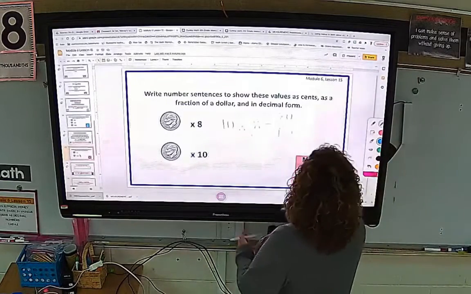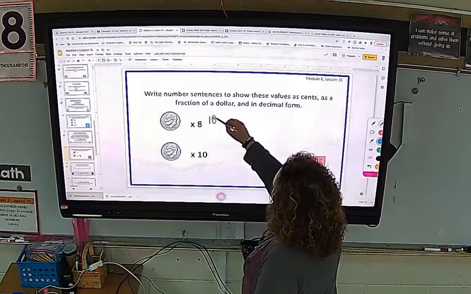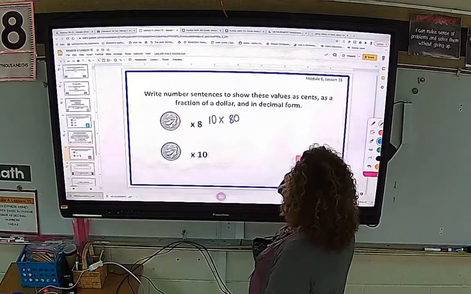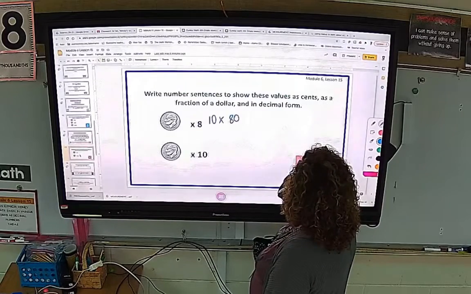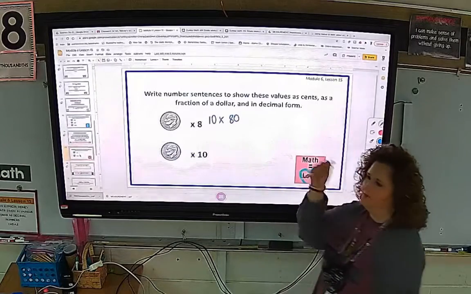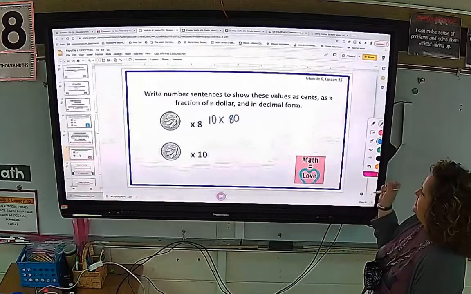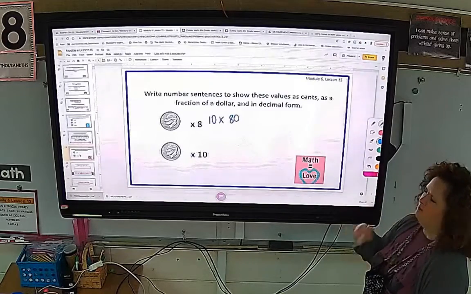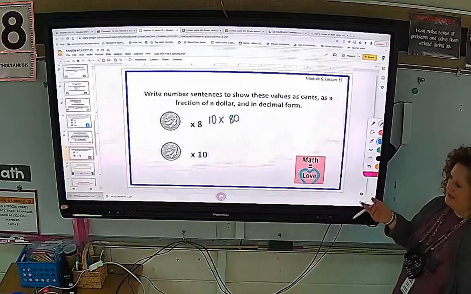That looks wrong, doesn't it? I'm trying not to get ahead of 4th grade to show you a couple things. Because we don't multiply decimals in 4th grade.